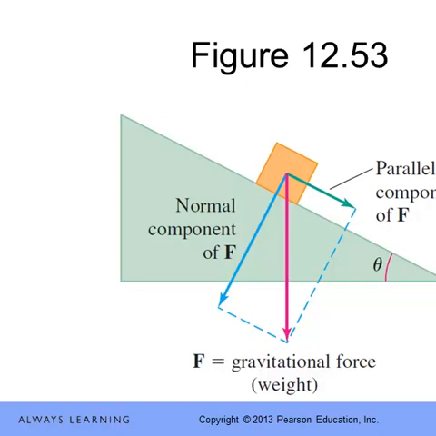Grams, kilograms, whatever. Anyway, just understand that weight is a force due to gravity. Now, what we would do is resolve this into a normal component and then a parallel component that points down the ramp.